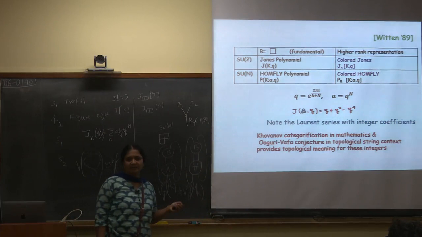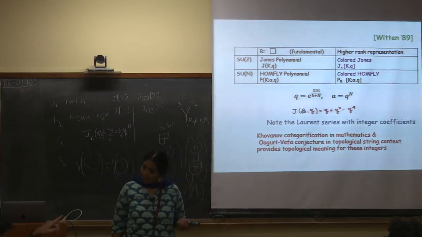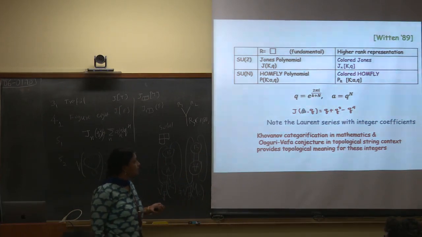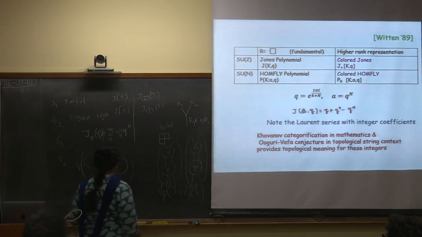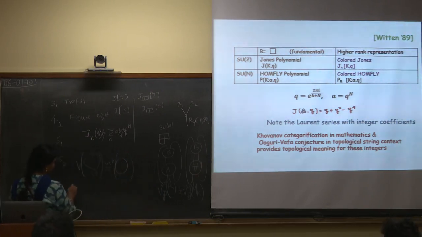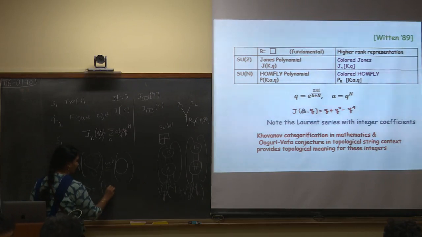Sorry, and the Jones polynomial, is that the partition function divided by the partition function of the sphere? Or which one? Let me write it here. You write the Wilson loop operator for the knot k, which is the partition function, right?